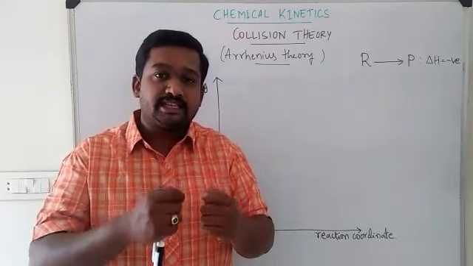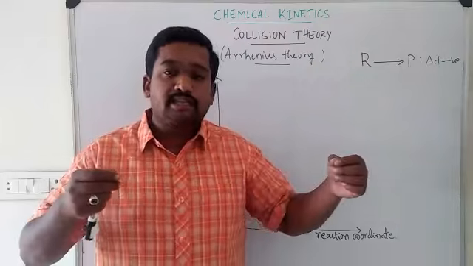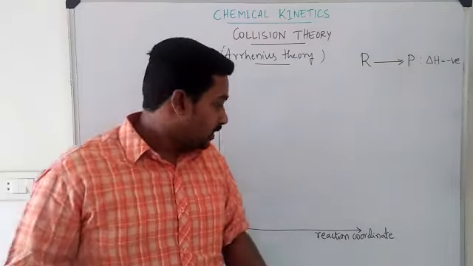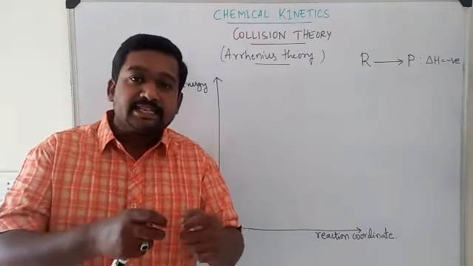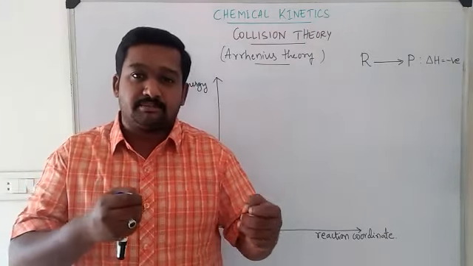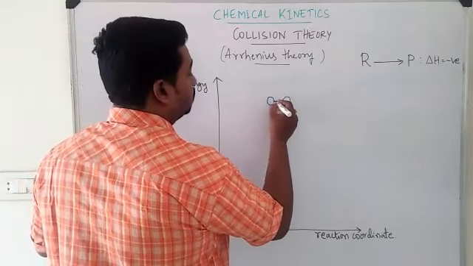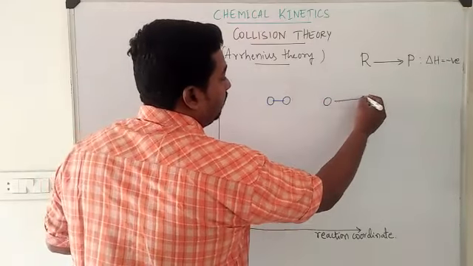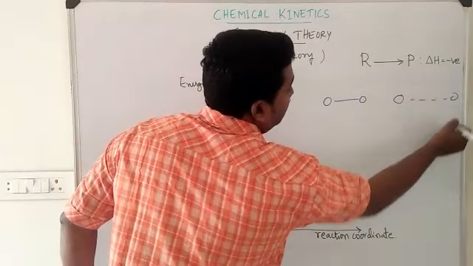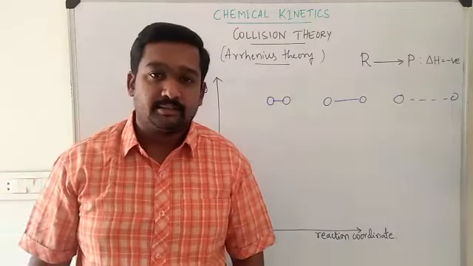If there is a breakage of bond, there should be elongation of the bond. As the energy is increased, there will be an increase in the distance of separation between atoms. Imagine there are two atoms in a molecule bonded through a covalent bond. As energy increases, they must go away from each other. Finally, they will reach a stage where the bond is broken completely.